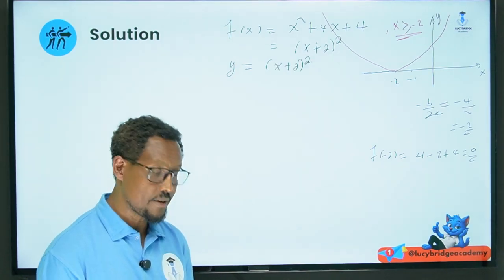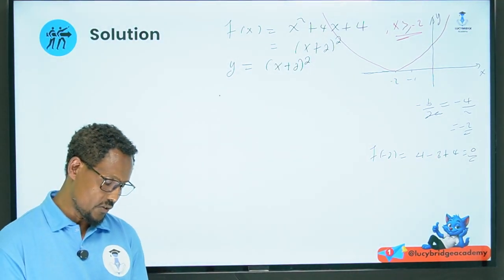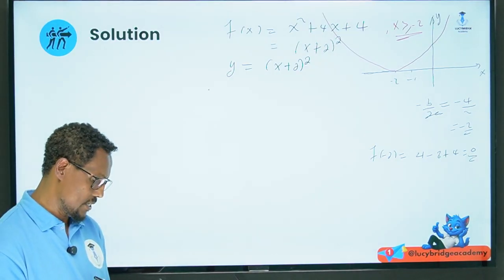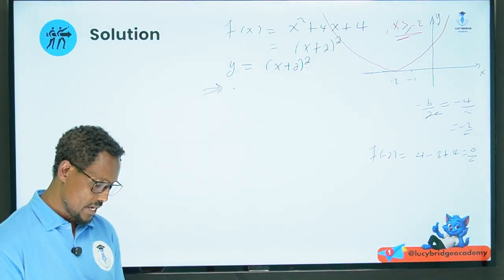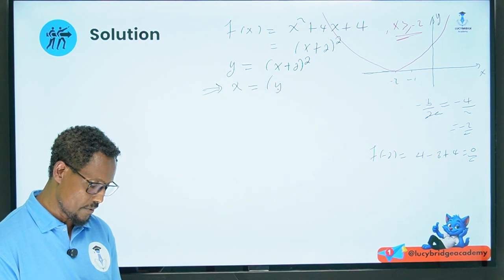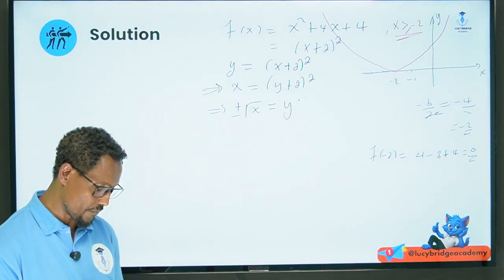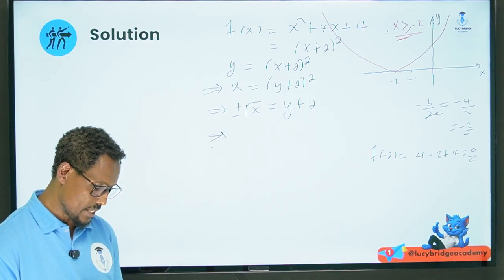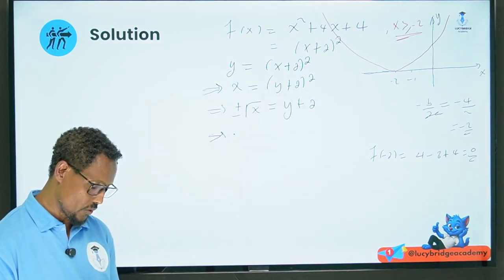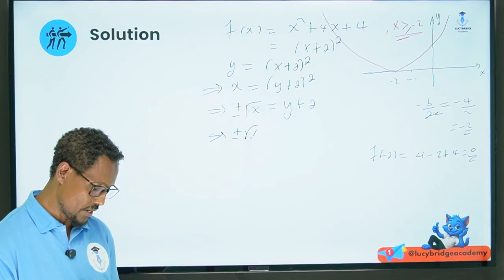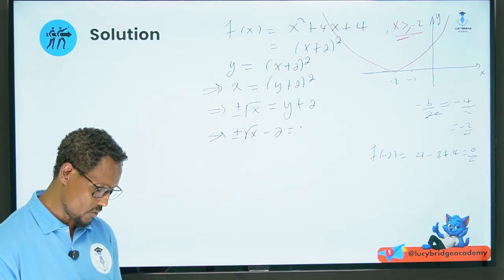y is equal to x plus 2 the whole square. Exchange y and x; this implies, to find the inverse, x is equal to y plus 2 the whole square, which implies that plus or minus the square root of x is equal to y plus 2. This implies -2 plus or minus the square root of x is equal to y.